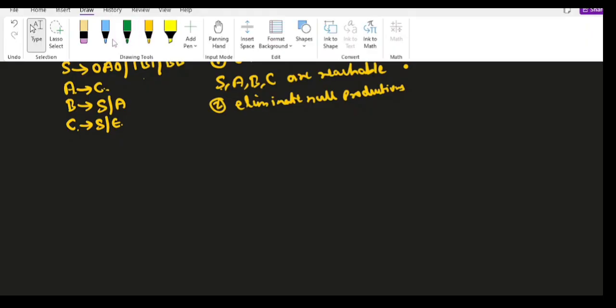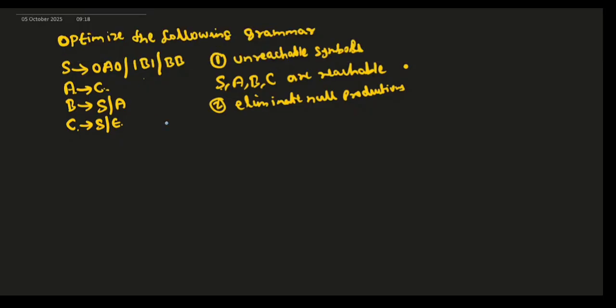Which non-terminal is actually generating epsilon here? C is generating epsilon. A is generating C and C is generating epsilon. That means A can be substituted by C and A can be substituted by epsilon.